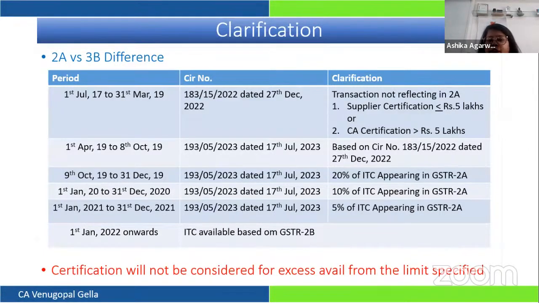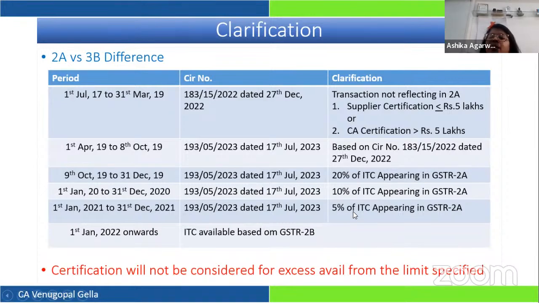And from 9th October 2019, as GSTR 2A has come, Rule 36(4) was there, which provides an upper cap that you can avail the ITC to the max of 20% additional to what is reflecting in GSTR 2A as eligible ITC. So based on that Rule 36(4), they have given 20, 10, 5%.